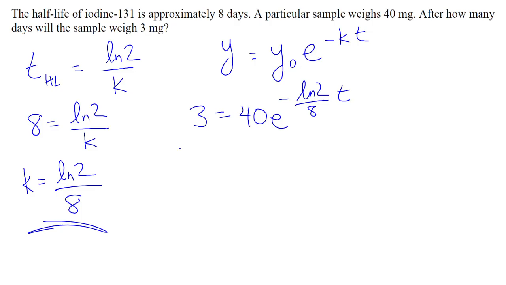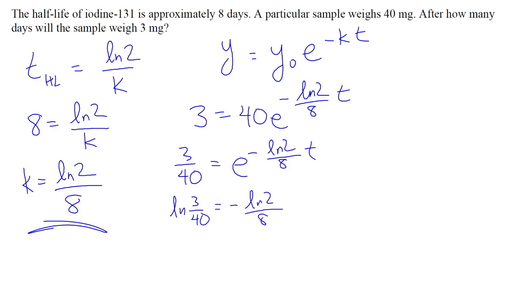So we'll divide by 40. We'll take the natural log of both sides. And we'll solve for t. So we end up with 8 ln 3/40 divided by negative ln of 2.